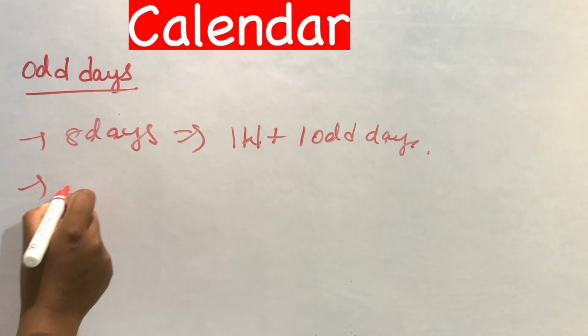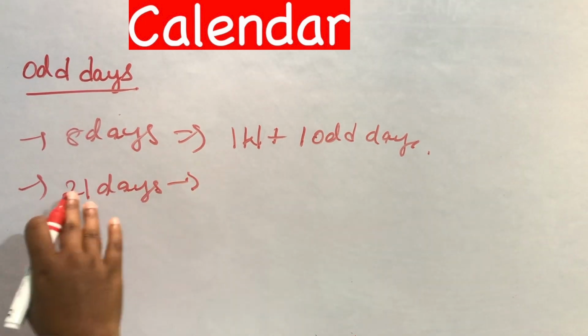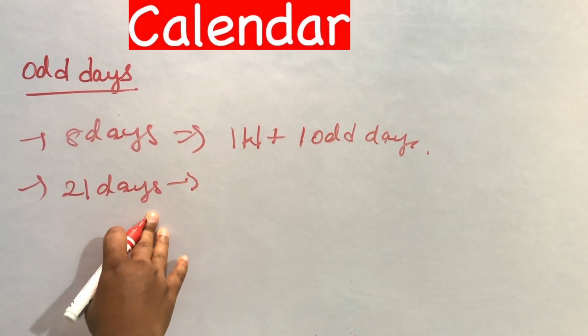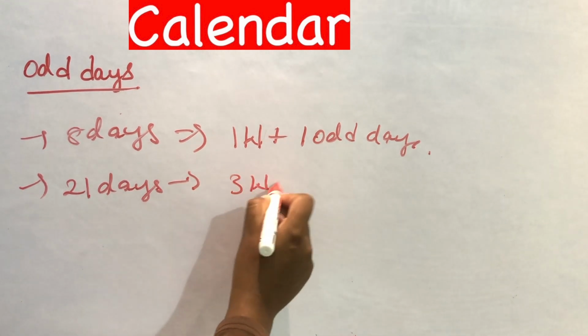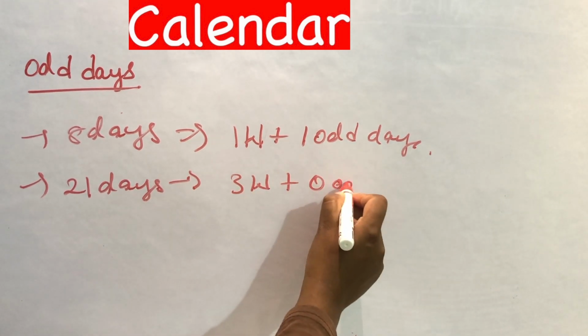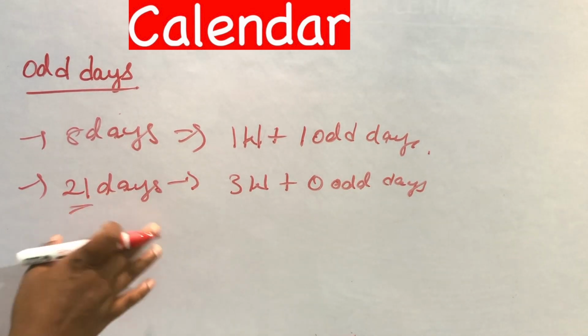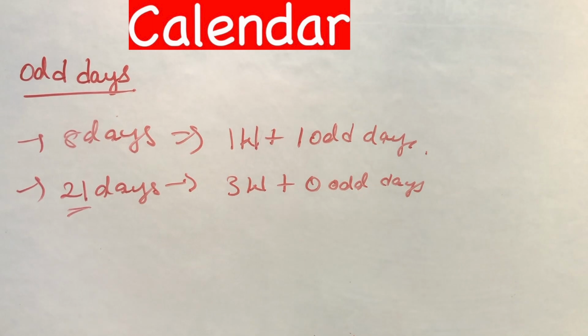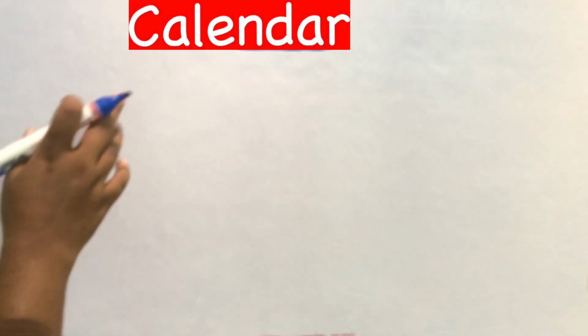Next, let's say if you have 21 days, then if you divide this 21 with 7, then you will get value as 3 weeks plus 0 odd day, because this 21 is divisible by 7. So this is how you have to calculate the number of odd days. So by now you understood what is odd day and how you have to calculate odd day.